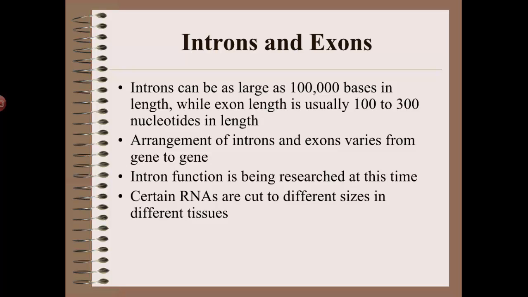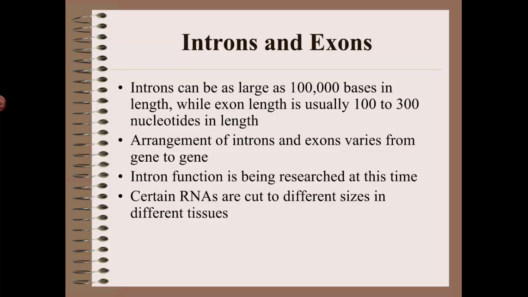What's also interesting is that because these exons are spliced together, it's sometimes possible to splice them together in different ways to make completely different proteins. Remember, we talked about there being about 22,000 genes, but over 100,000 different proteins that need to be made in your cells. How do you get 100,000 different proteins if you only have about 22,000 genes?